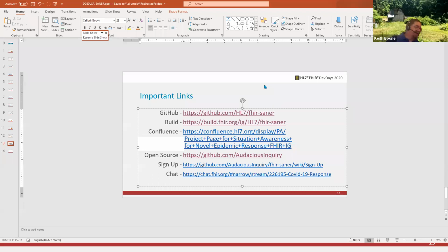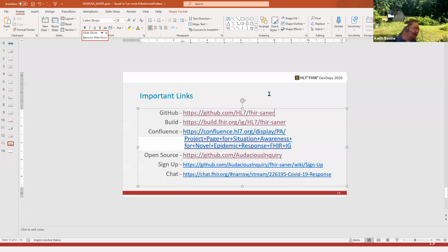Okay, so the idea of the SANER project is that it's able to report measures from individual facilities, and included in that measure report is data that allows you to break it out by geography and by type of facility.